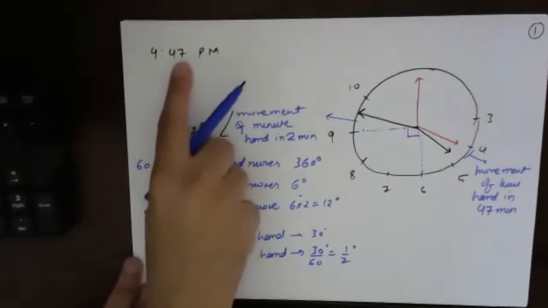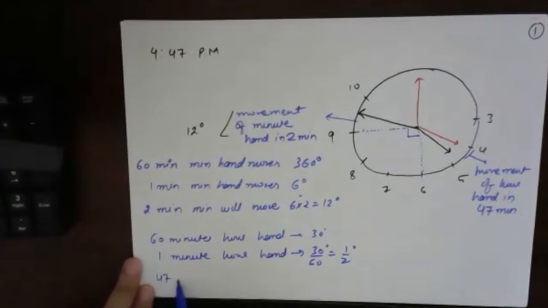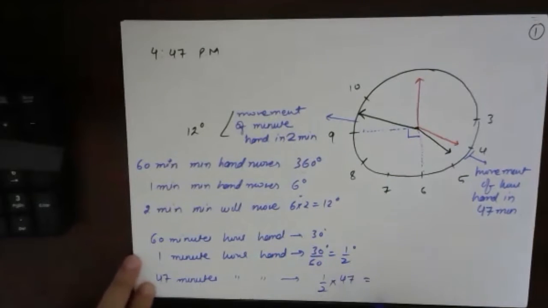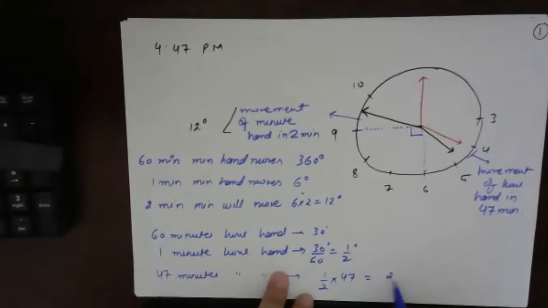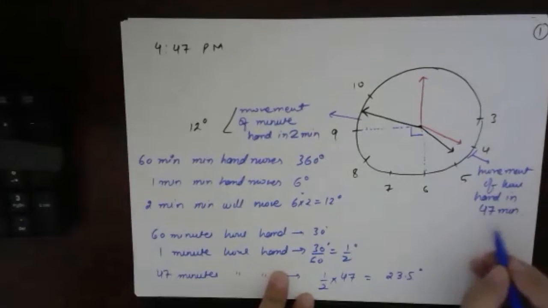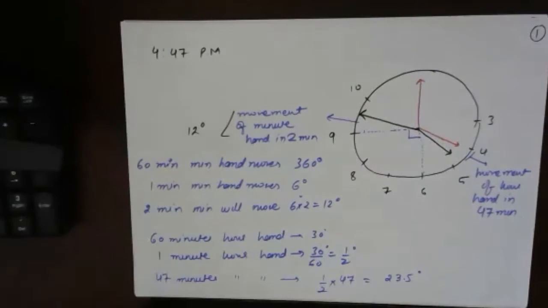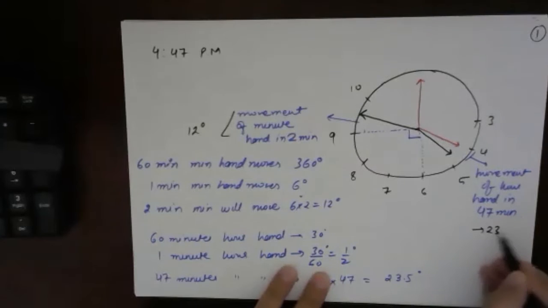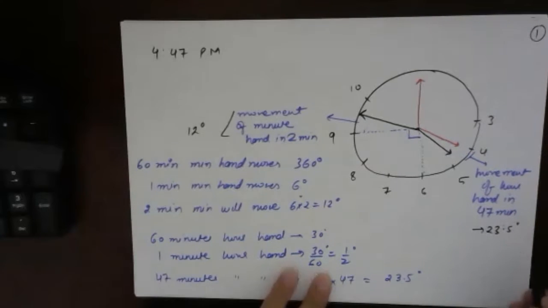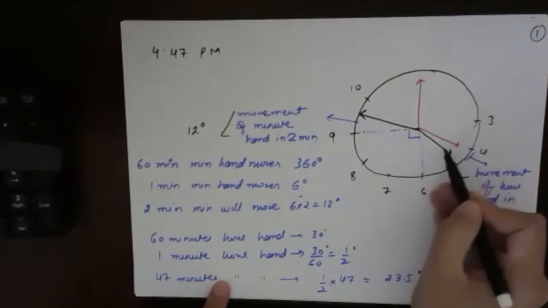So in 47 minutes, the hour hand will move 1 by 2 into 47, which is 23.5. So this angle is 23.5 degrees.